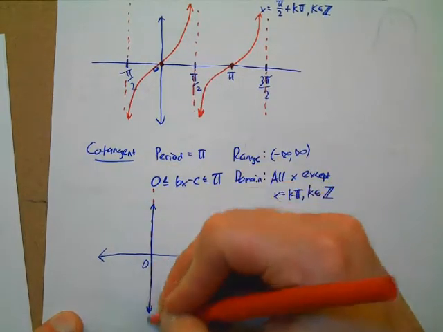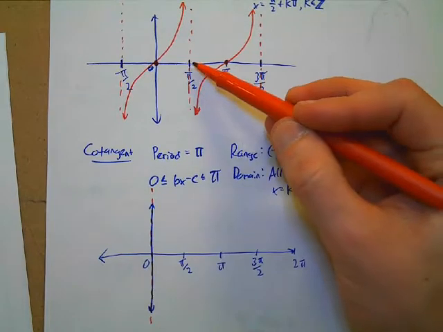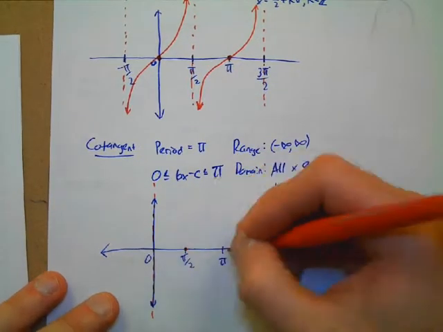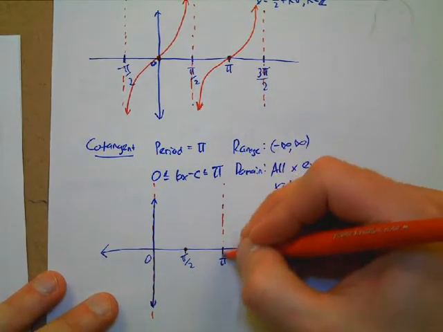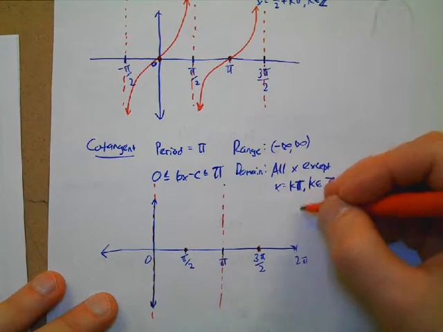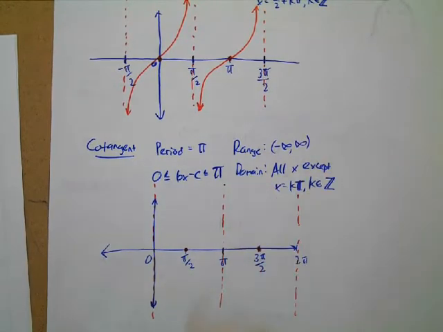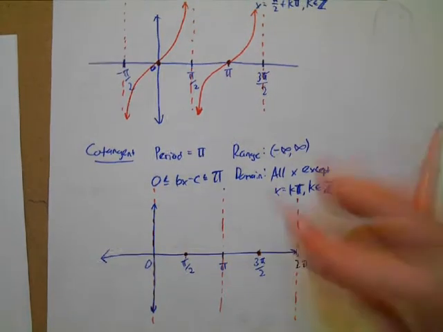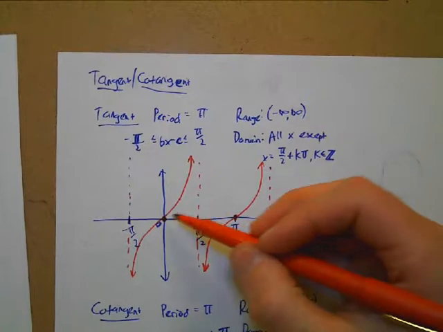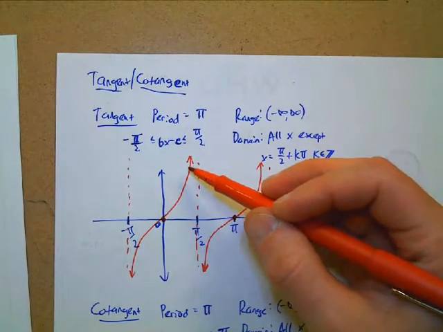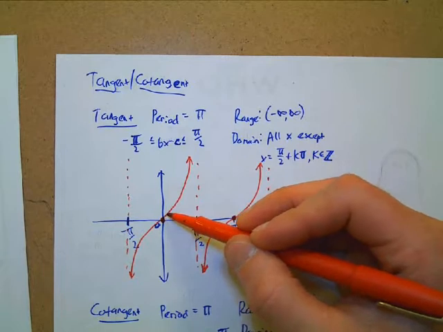So, the other thing we have to think about here is that, for example, between 0 and pi over 2, we're going from very small numbers up to infinity. If you reciprocate that, the reciprocal of a very small number is now a very large number, right? If you take like 1/3 or 1/4 or 1/5, smaller and smaller, closer to 0, reciprocate those, they're large, right? Whereas you take a really large number like a million, a billion, a trillion, reciprocate those, now they're going to be very small. So what you're going to see here is very large numbers going down to very small numbers like this, and then very large negative numbers going down to very small, very large negative numbers like that.